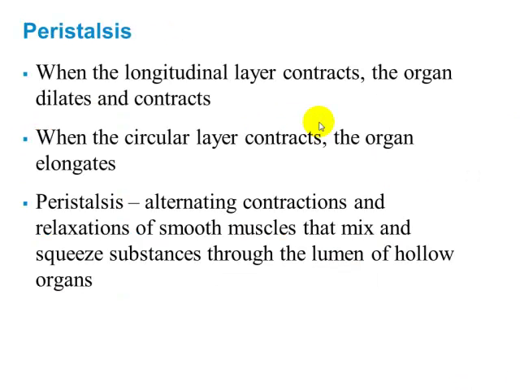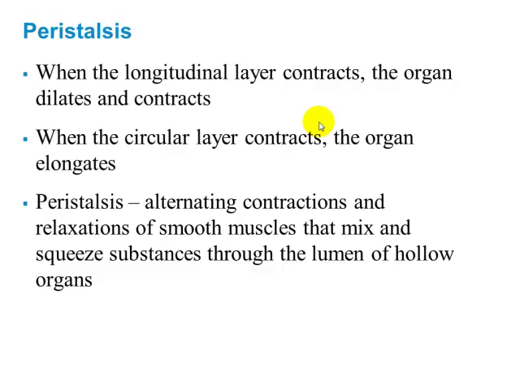Now, the way this is going to work, when you contract the long layer or the longitudinal layer, the organ will dilate and contract. When you contract the circular layer, you're going to have the tube elongate. Now, the best way to think about this, right, is what happens in what's called peristalsis.